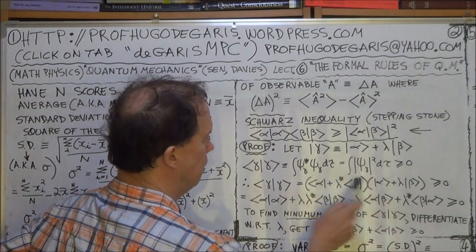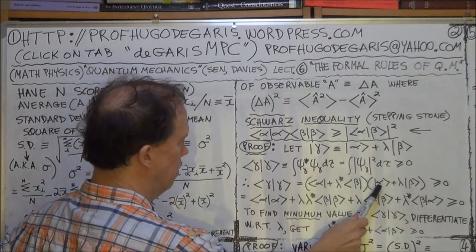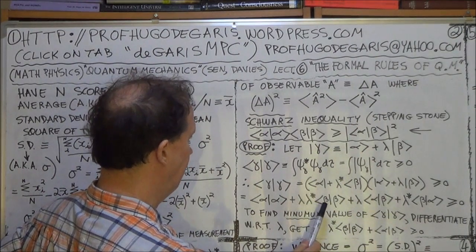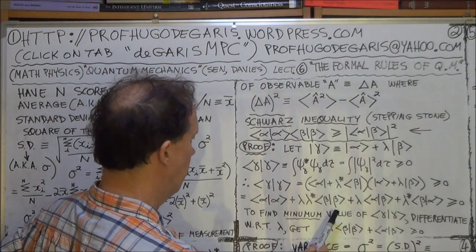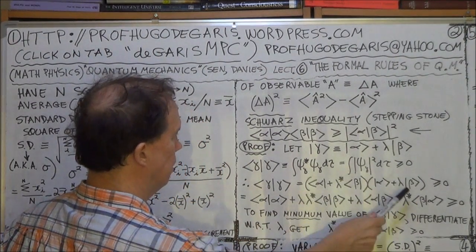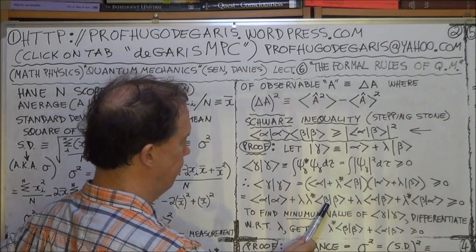Right. So now work that through. Multiply it through. From these two you'll get bracket alpha alpha, and if you multiply these two together, you'll get lambda lambda star bracket beta beta.